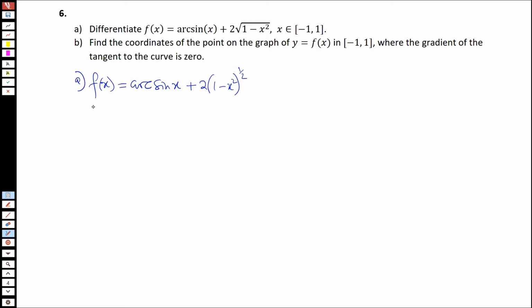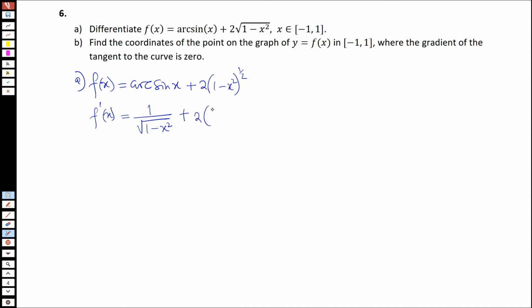So that implies that the derivative of this function will be, now we know that the derivative of arc sine x is 1 over the square root of 1 minus x squared. And then for the derivative of this, we can apply the chain rule because we have a function inside another function. So let's start with the outside.